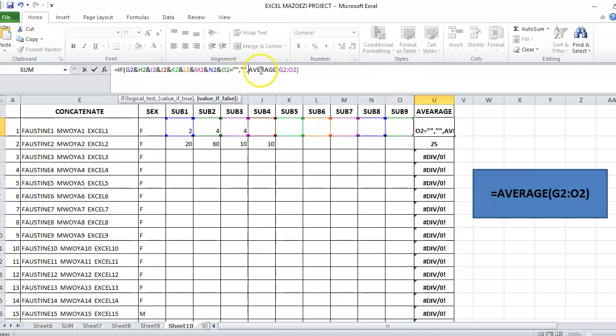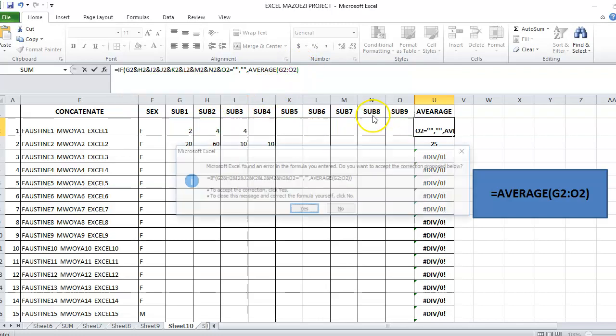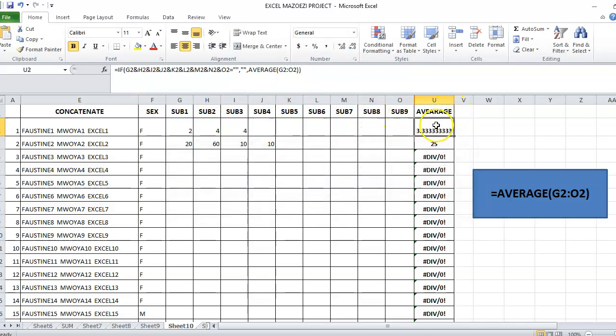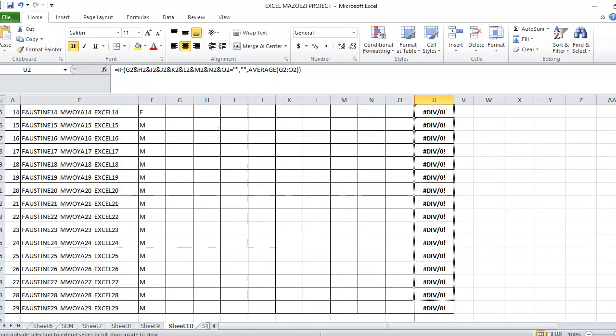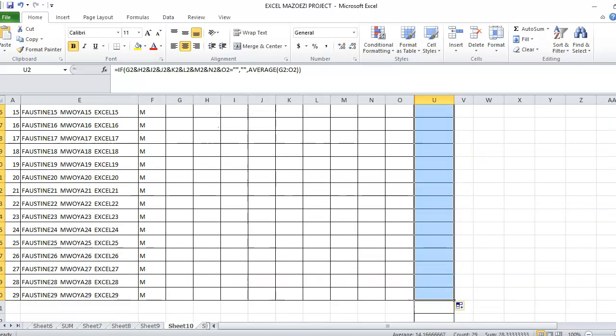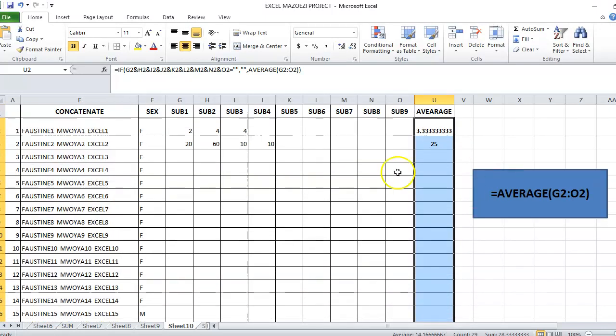Otherwise, take the average of the range from G2 up to O2. After that, I am done with my formula. So when I drag this, now the cell which has no data also returns space. So this is how it works.